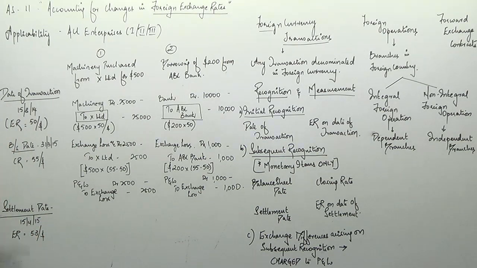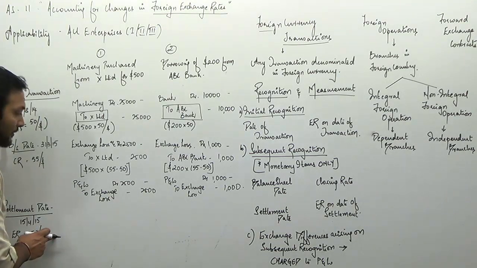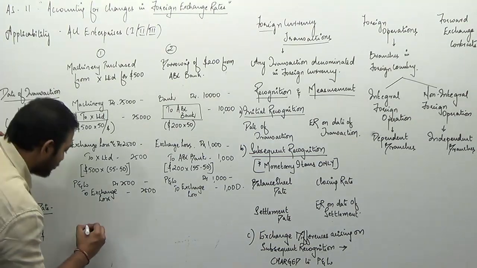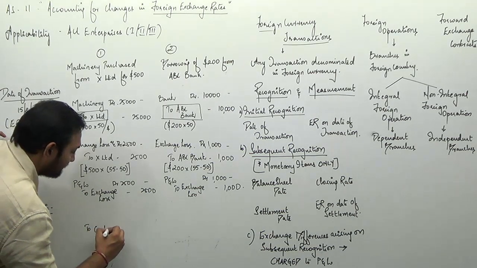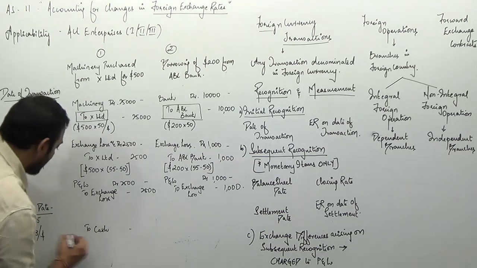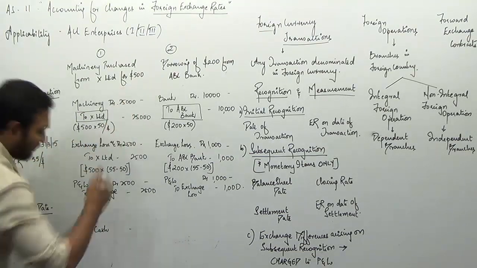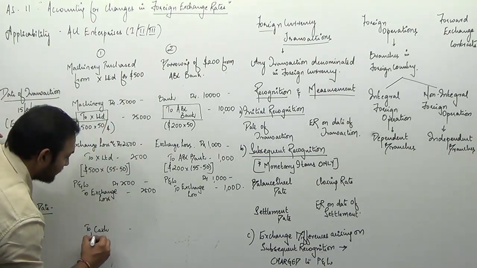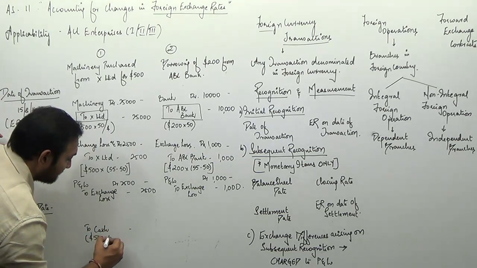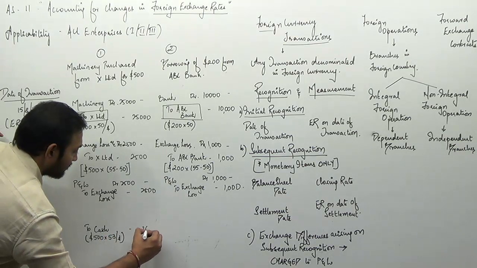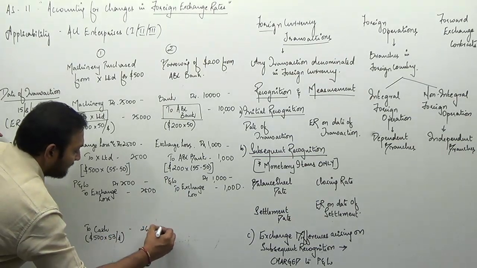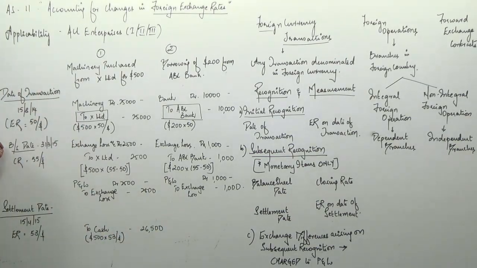The dollar came down by 2 rupees from the balance sheet date. Now check. How much did I pay in cash? I paid 53 rupees per dollar for $500. 26,500.